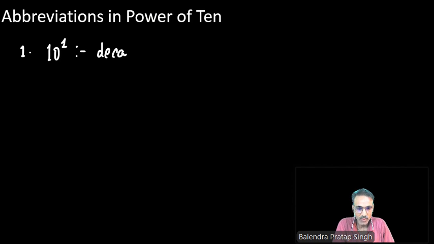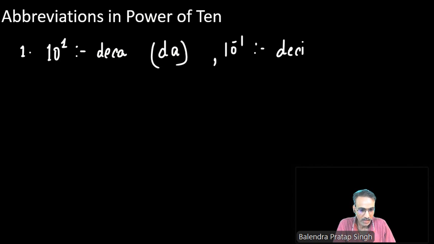It is denoted by the symbol da. And if we use 10 raised to the power minus 1, that is 0.1, and it is denoted by deci, with the symbol small d.